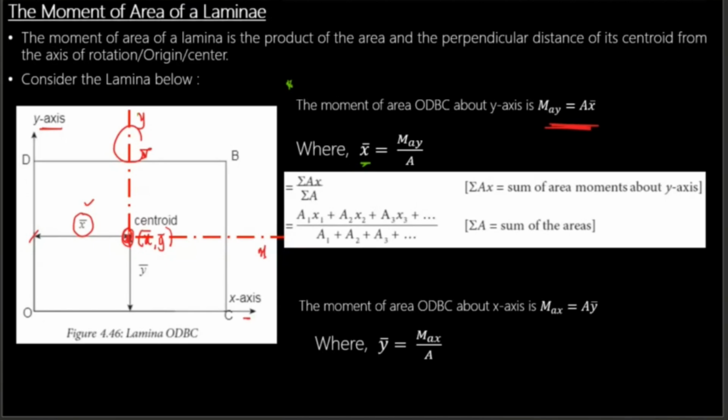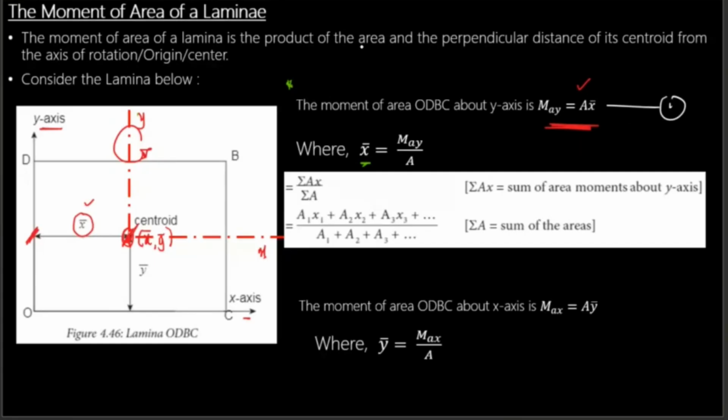It's going to be equal to the area of that particular lamina multiplied by the distance from the axis of rotation. The distance is from this point to this point because it's rotating about the y-axis. So we have this formula: the moment of area about the y axis is the area multiplied by the distance from the y-axis, which is the x bar.